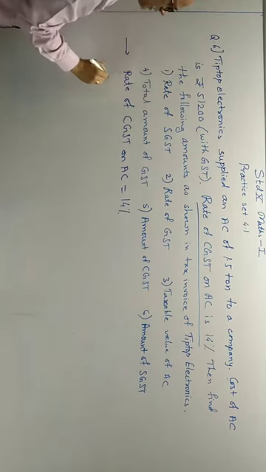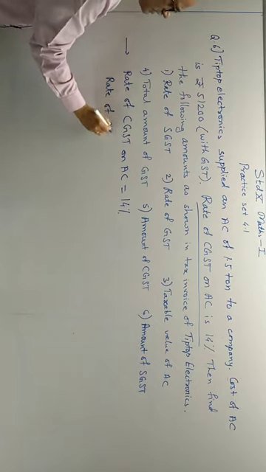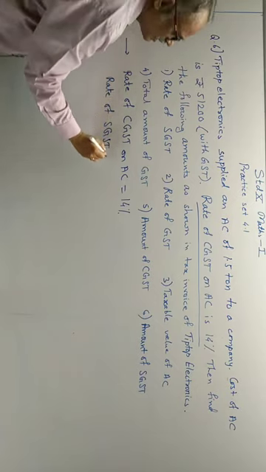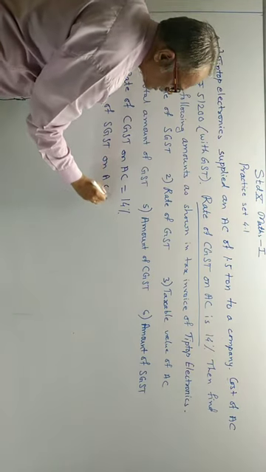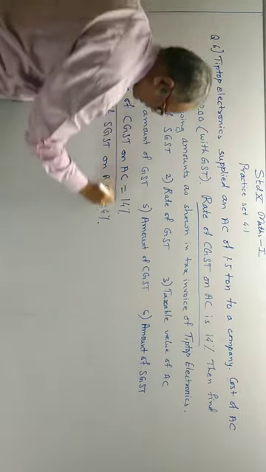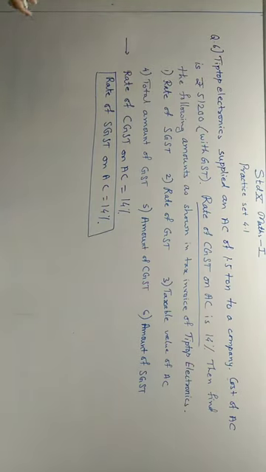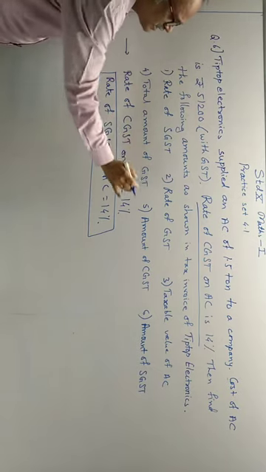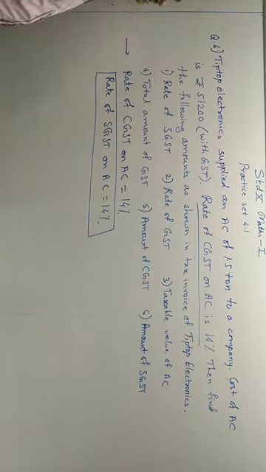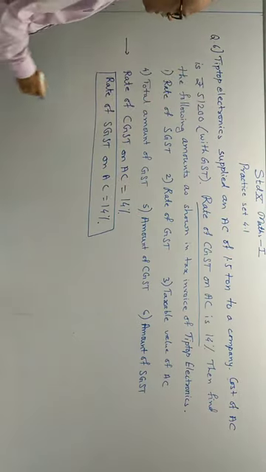Therefore first answer, rate of SGST which is asked on AC is also same, 14%, half mark out of 3 marks. This question can be asked for 3 or 4 marks. Then if CGST is 14%, SGST is 14%, then GST rate is called 14 and 14, 28%.